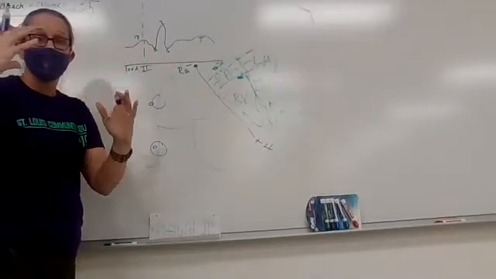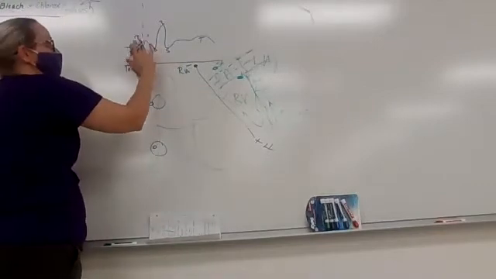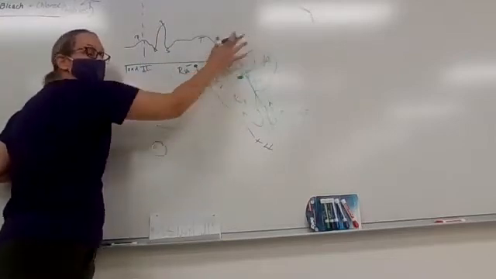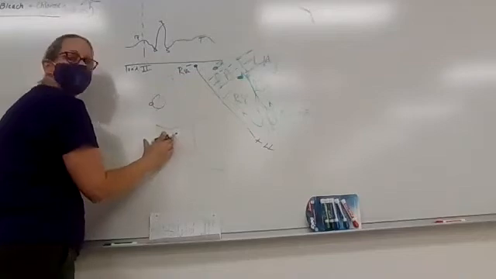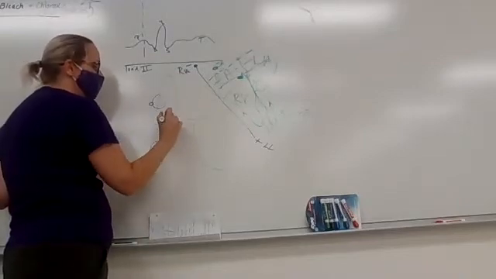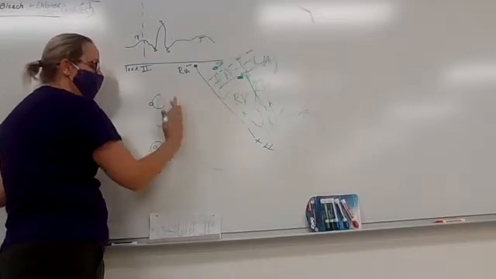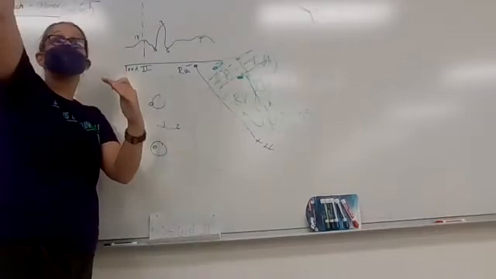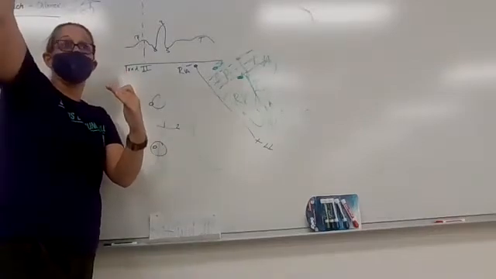Okay, and so that P wave is going to be the capture of all of these nodal cells and all of these contractile cells going through their phase 0, 1, and 2, which is a point in time on each cell where there's depolarization happening, right?